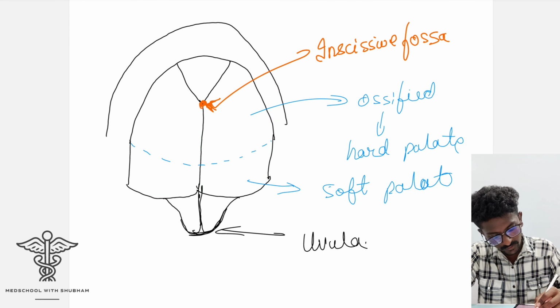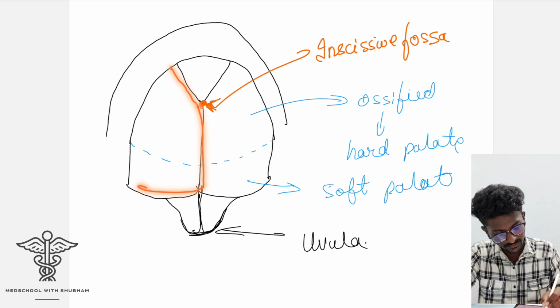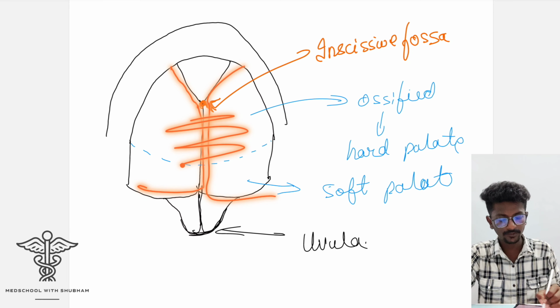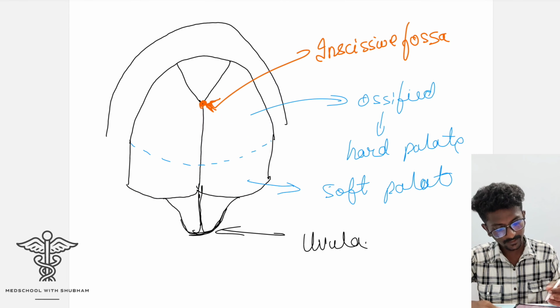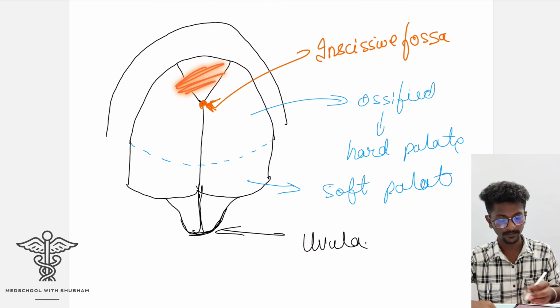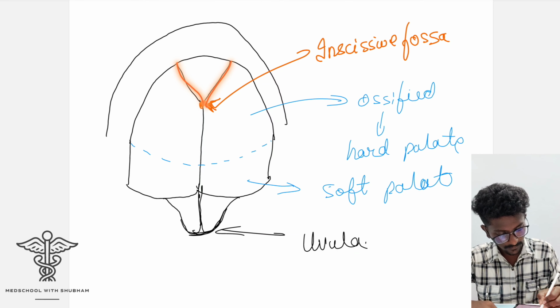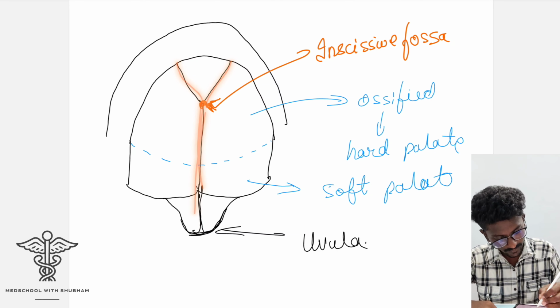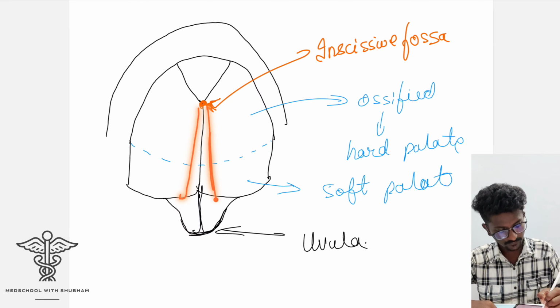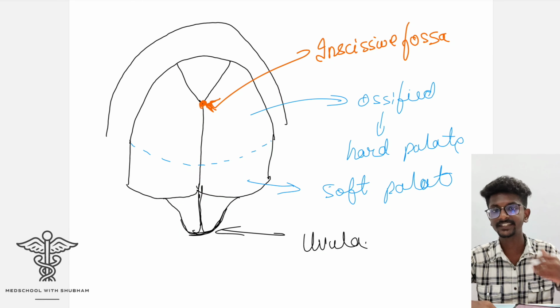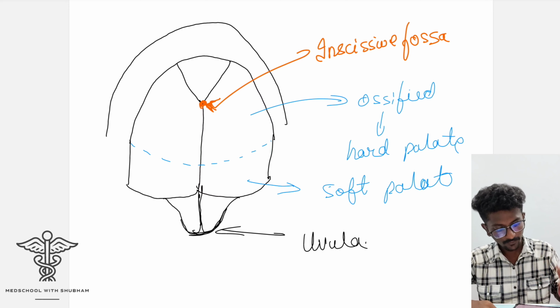Next thing, if both the palatine processes don't fuse with each other, but they fuse with the premaxilla, it will fuse with the premaxilla, but it doesn't fuse with each other. So you will get a breach over here in this way. It is called as posterior cleft palate. Okay. Now what will happen?